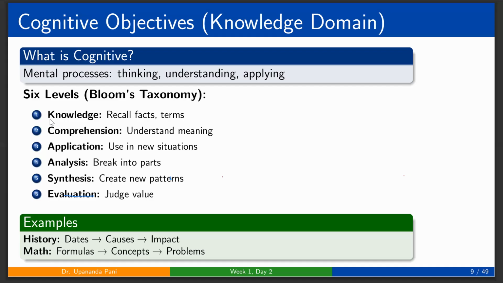As we progress from 1 to 6, you can see the level of learning, or the cognitive process or knowledge domain, is actually becoming more rigorous. So that is why you can say it's very dynamic.